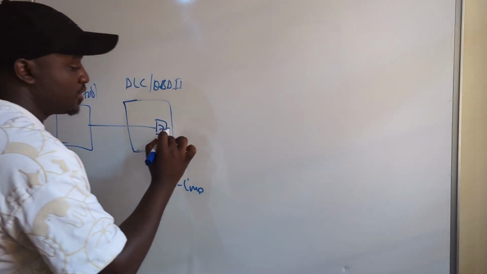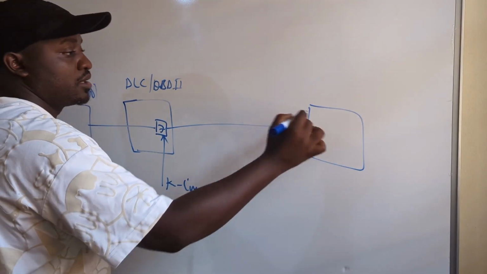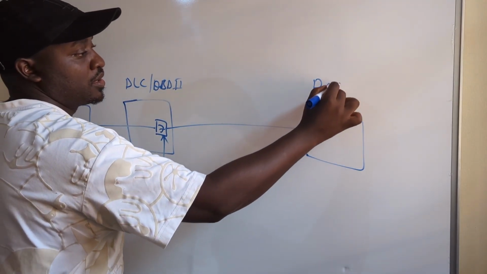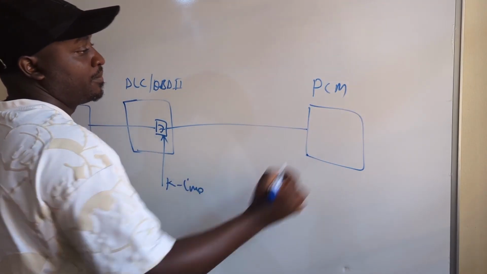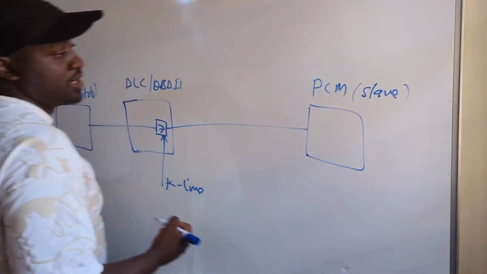Now an initialization code is going to be sent to our module. Let me use PCM, and this is acting as our slave node.